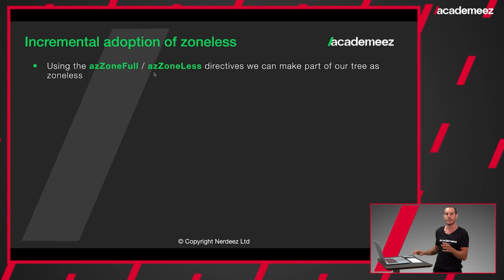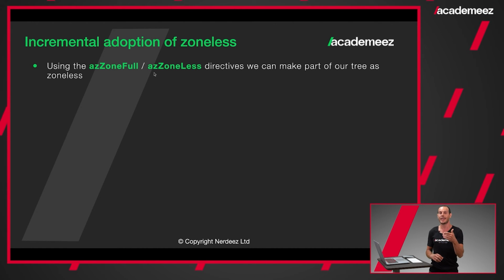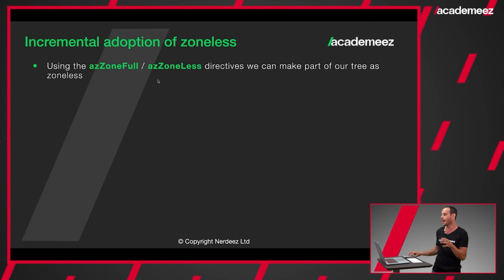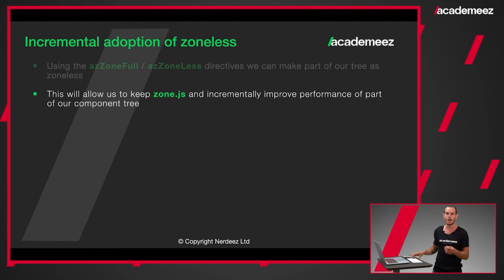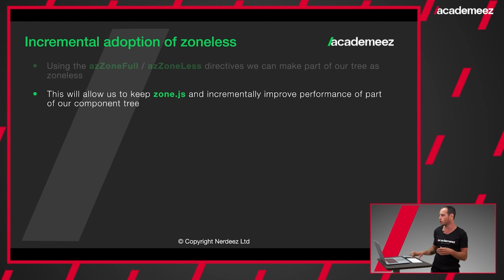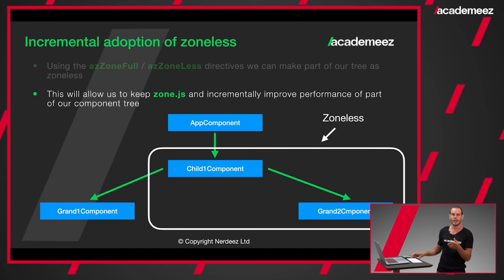These two directives work with Zone.js in an Angular app with Zone.js. So in an Angular app with Zone.js, you can use AZ zoneless to decide that part of your tree will be zoneless. As we said, it allows you to incrementally choose part of your subtree to be outside of Zone.js. So let's do this example.